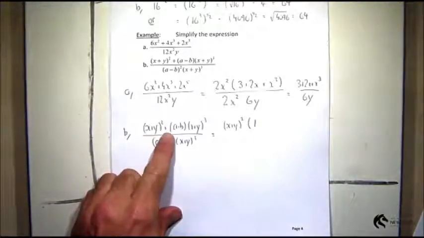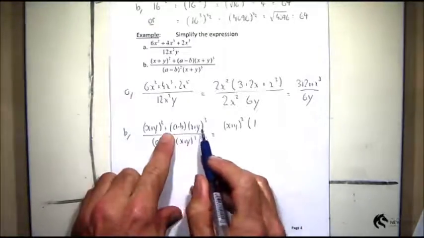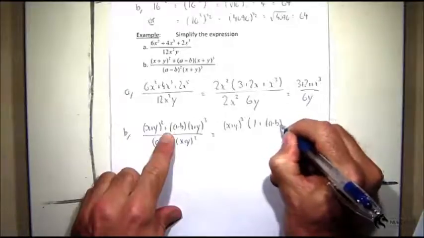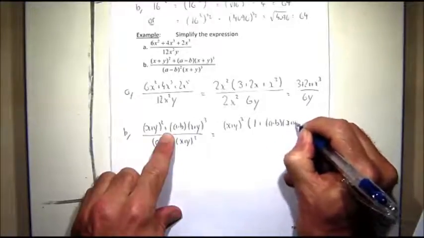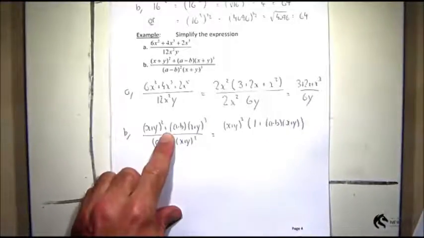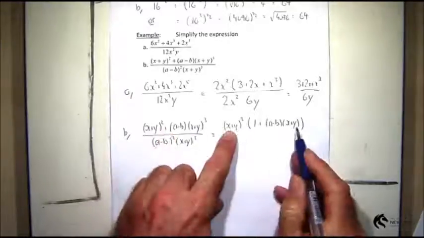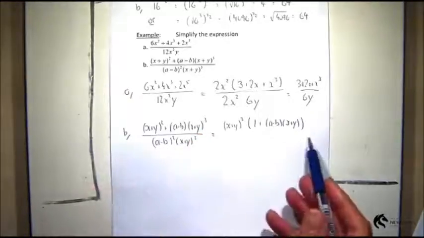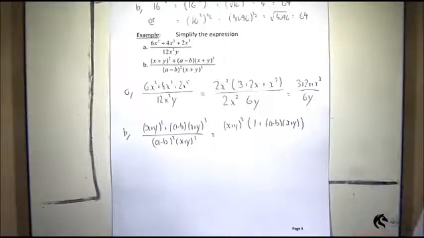And over here, to get (a minus b) times (x plus y) cubed, I'll have to go (a minus b) times (x plus y) to the power 1, since (x plus y) squared times (x plus y) to the power 1 gives me (x plus y) cubed. So again, I've used my laws of indices and the distributive law backwards.